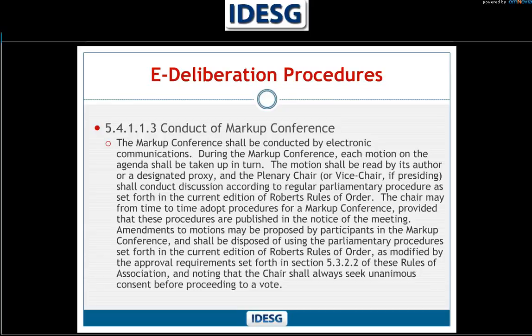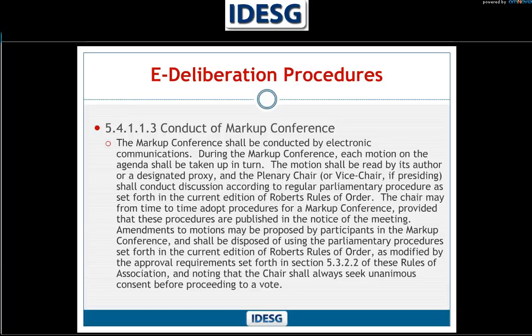So it's basically a recognition of the fact that we prefer to do business by consensus, and if there isn't consensus, that's something which needs to be taken into account by the membership and made public.